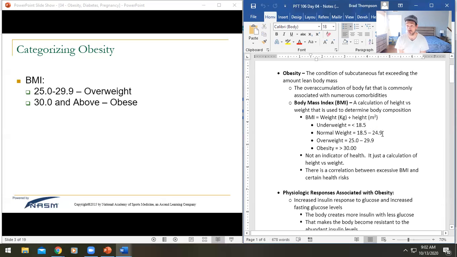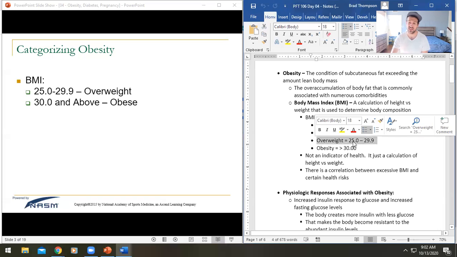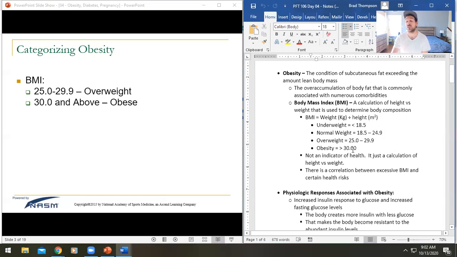There's no reason to be alarmed, but it's something to be aware of. Then we have overweight, which is 25 up to 29.9. We start to see increased risk for certain diseases here. And then we have obesity, which is anything greater than 30. So those are our standardized numbers there.